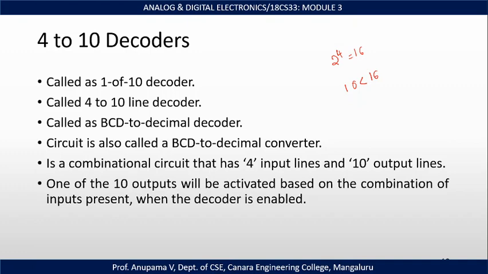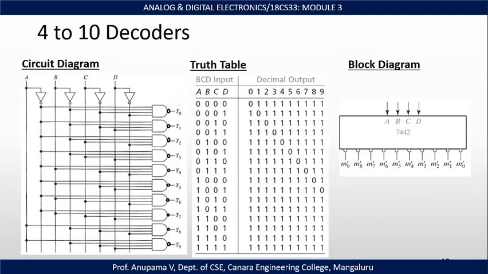A BCD to decimal converter is a combinational circuit that has 4 input lines and 10 output lines. One of the 10 output lines will be activated based on the combination of inputs present when the decoder is enabled.